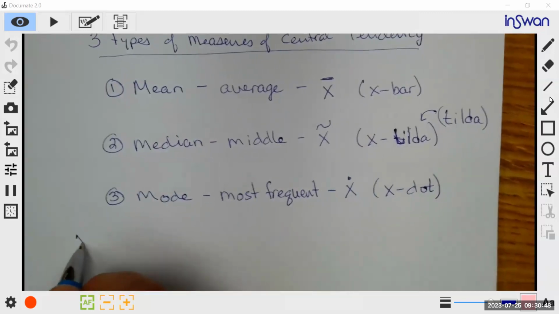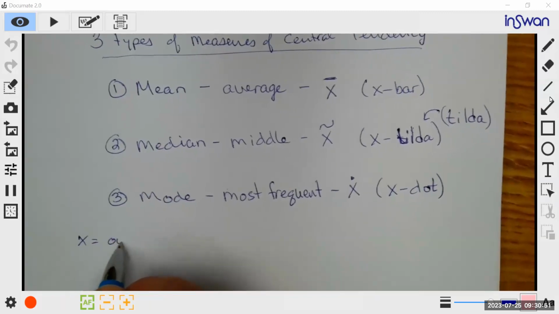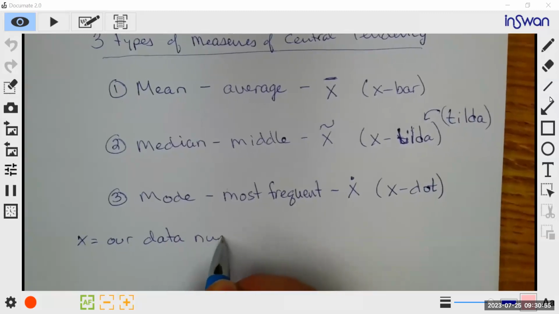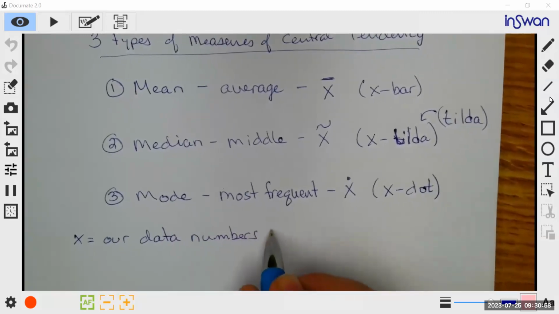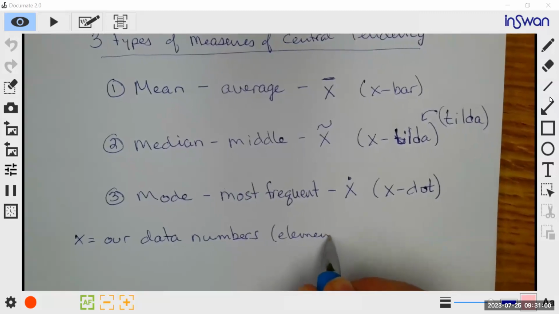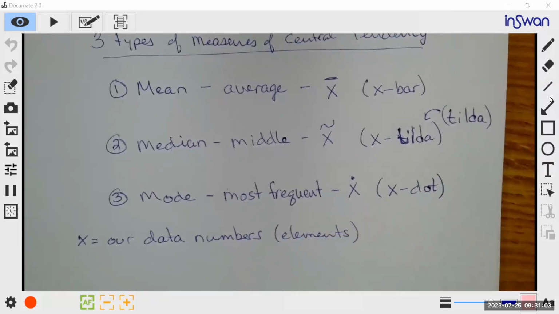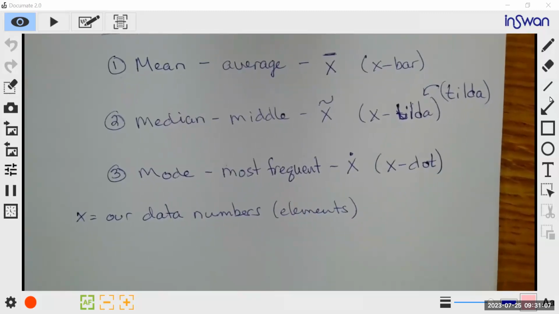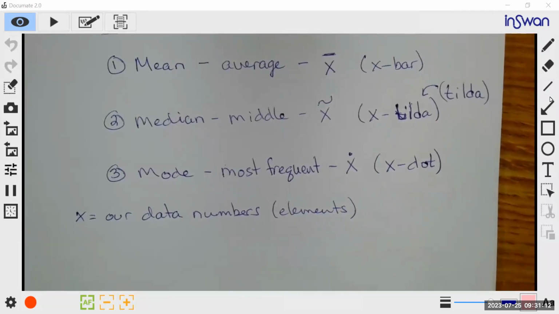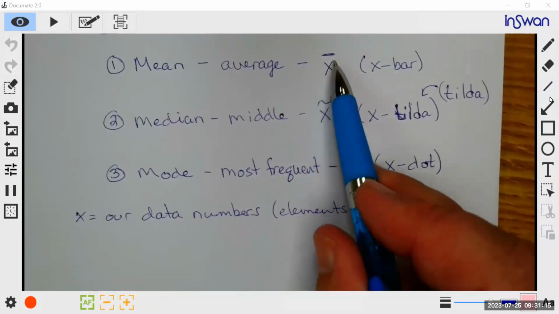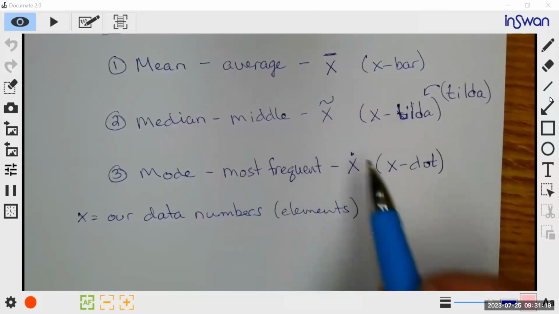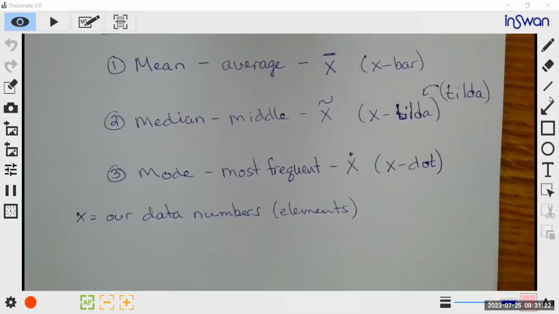X equals our data numbers or elements. So whatever we collect, that's our X's. Since X is our data, X bar is the average of all our data, X tilde is the median of our data, and X dot is the most frequent of our data.